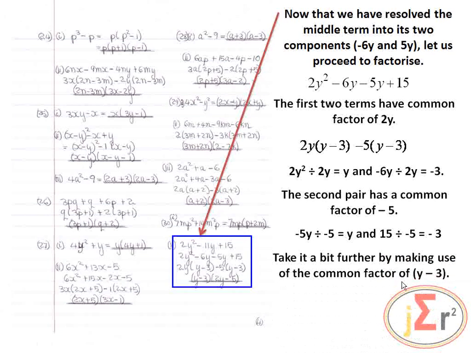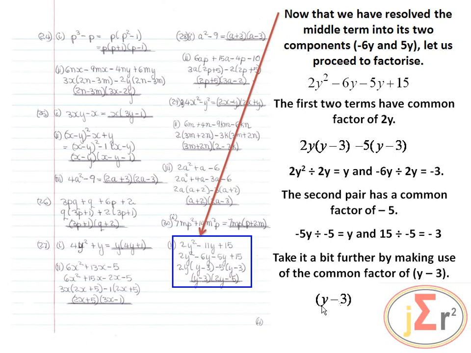We finish up our factorization process by continuing to take the highest common factor where it exists. Here the highest common factor is y minus 3, so take our y minus 3, and we will divide. When we take our highest common factor, we maintain it right there.